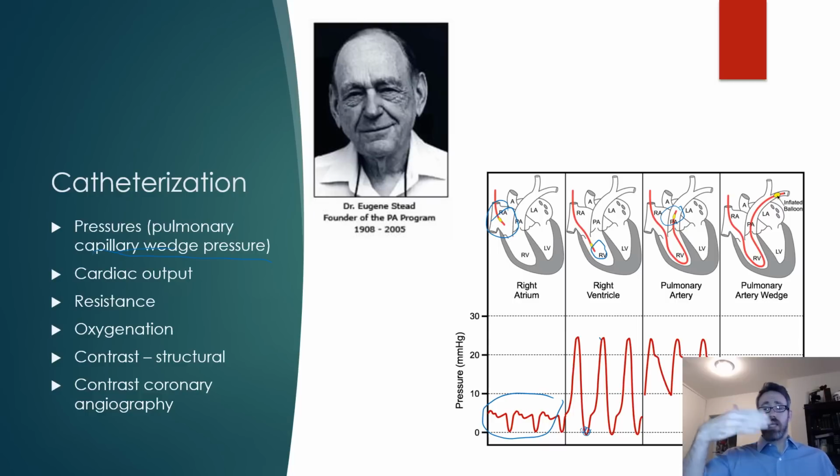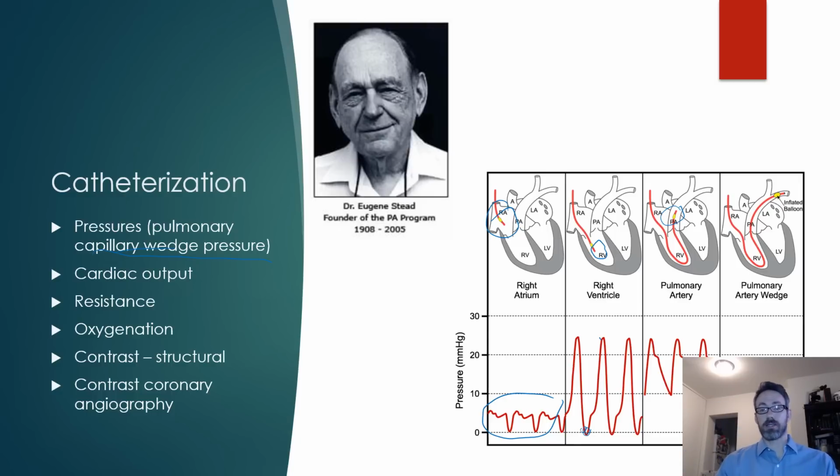And downstream of it, it's now connected to a column of blood that's connected to the capillary, the pulmonary venous system, and to the left atrium distally, because there's no valve separating the capillary from the left atrium. So it's basically now connected to a column of fluid from the capillary all the way to the left atrium, and so it can measure left atrial pressures indirectly in that way. So it's not directly in the left atrium because it gets wedged there, which you can see in that last box.